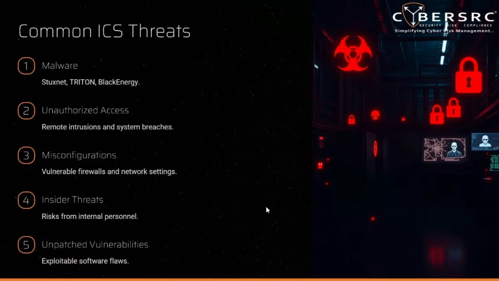So now we have learned about what the architecture is. We have learned about different components. Now let's see how this is vulnerable to different kinds of threats. So what can be different threat actors in these devices? First, we have malware. On the presentation, you can see the names like Stuxnet, Triton, FlagEnergy.